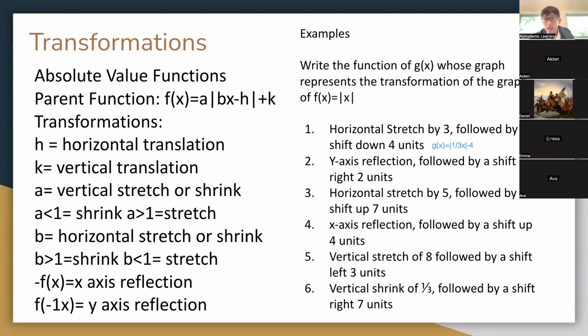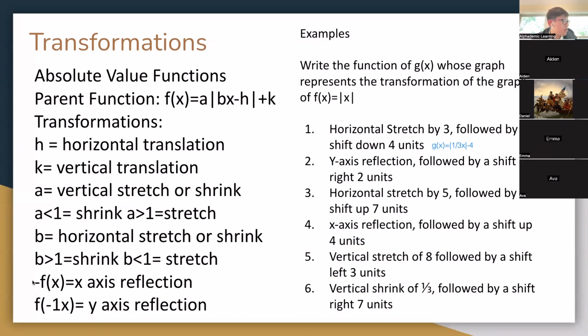Okay, I forgot to clarify this, but when you are doing an x-axis reflection or a y-axis reflection, as you can see, negative f of x is an x-axis reflection. What that means is that the whole outside of the equation is multiplied by negative.